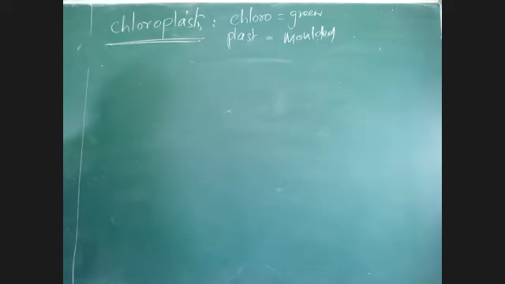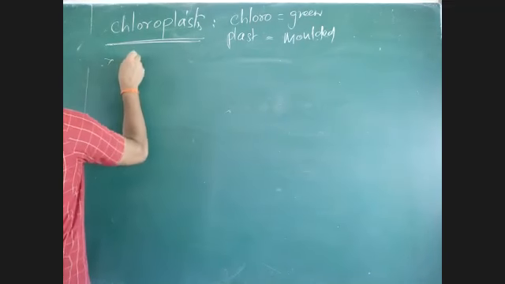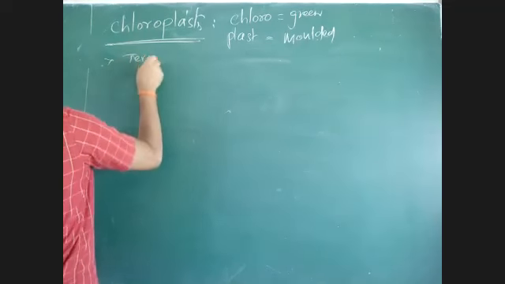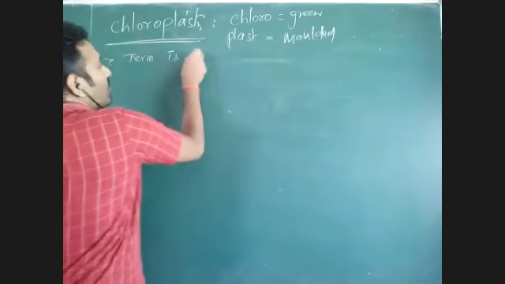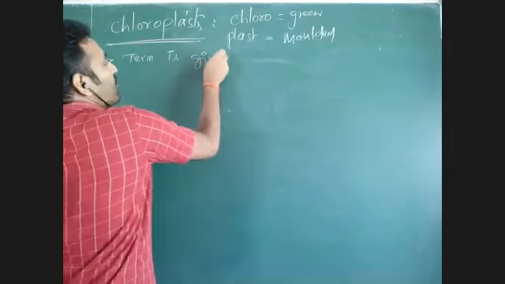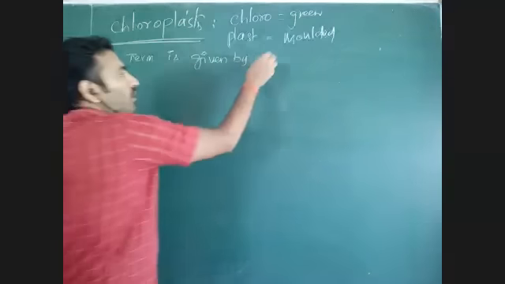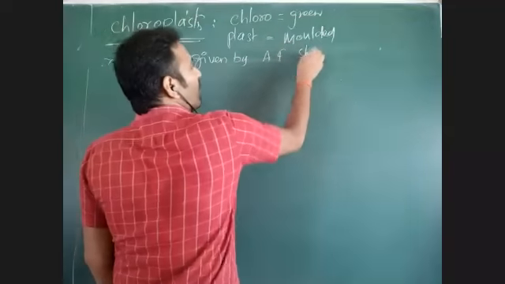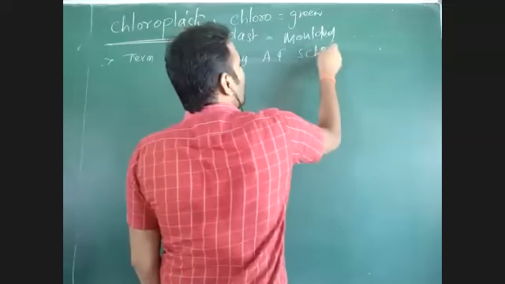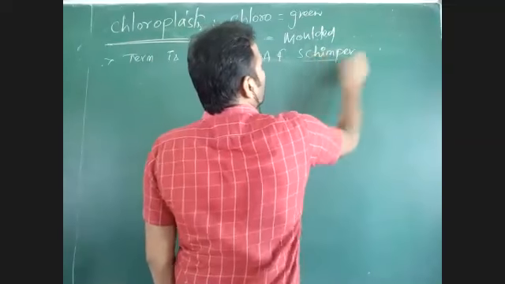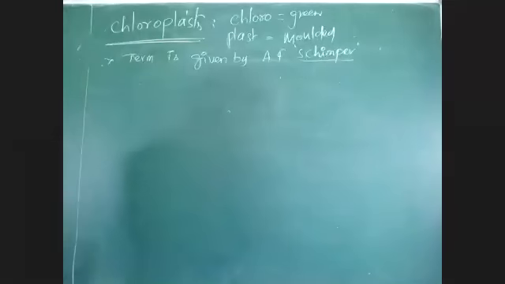The term chloroplast is given by a scientist named Schimper, due to their green color.